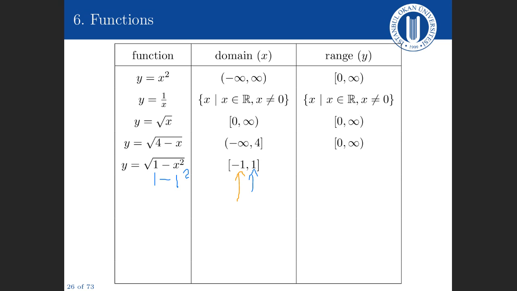What about if we take -1? 1 minus -1 squared is again 0. What about if we take some number in the middle? I suppose we take 0, which is in the middle of this interval. 1 minus 0 squared, which is 1. If you think about this, if x is some number between -1 and 1, y must be a number between 0 and 1.